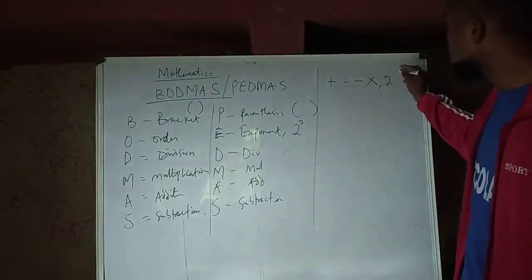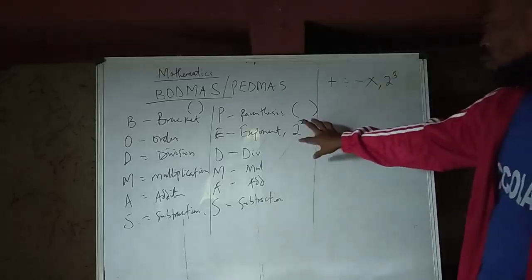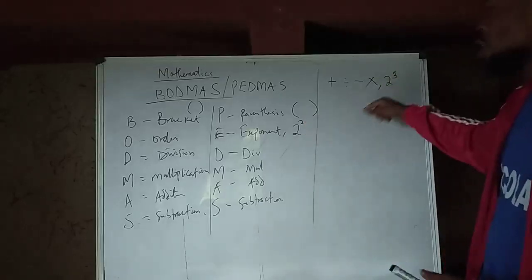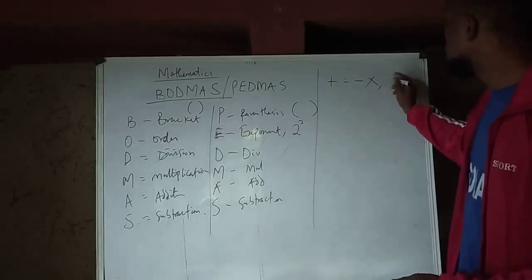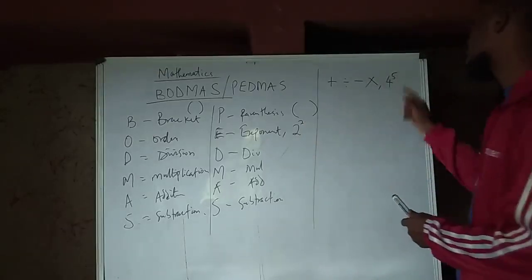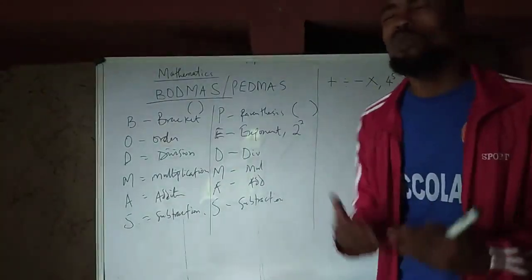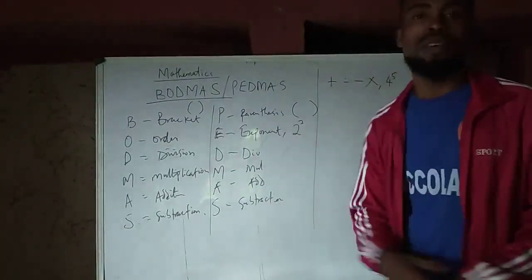Whether it is 2 raised to the power of 2, 2 raised to the power of 3, or 4 raised to the power of 5, they are all exponents, provided a number is raised to a power. So in all this, in what order do we solve problems like this?